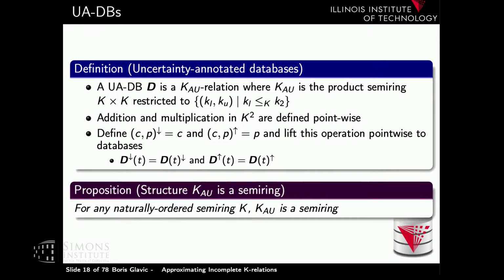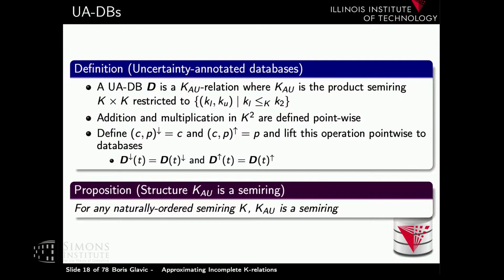But basically what we are now doing is each tuple is going to have a pair of annotations from an L-semiring K, such that the first element is always smaller or equal to the second element. The purpose of this will be the first dimension will be an under-approximation of certain, and the second dimension will be the over-approximation of possible. Okay, so this is basically a semiring.